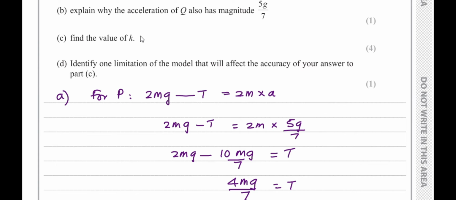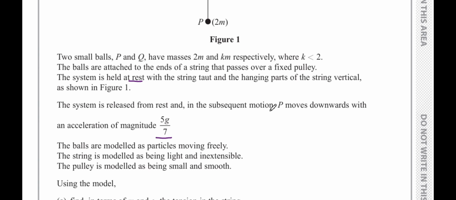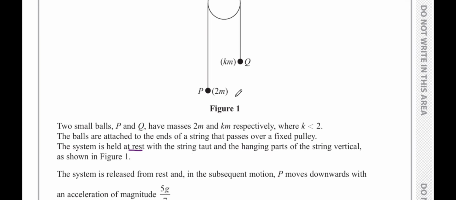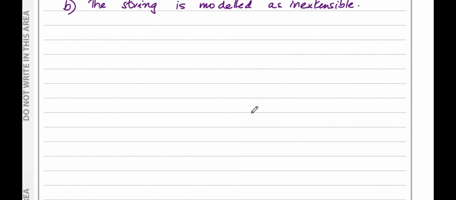Find the value of k. So k is part of the mass for Q. So we need to write the equation for Q now. The particle Q is moving upwards, right? Therefore, tension is overcoming its weight.